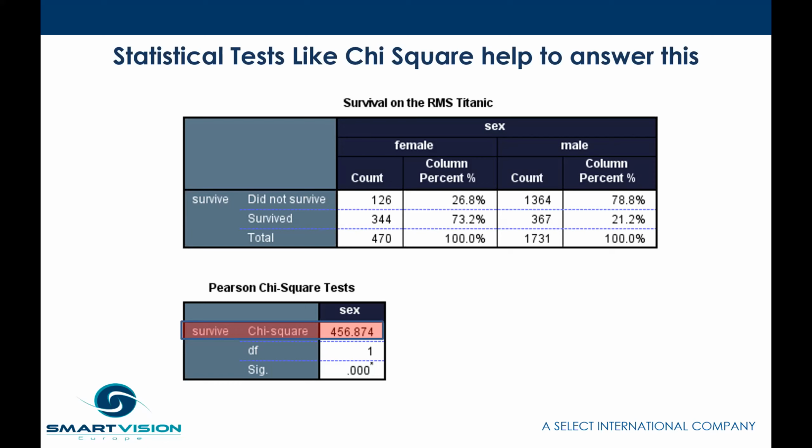And if we were running a statistical test to find out whether or not these two variables, survival and gender, were independent of one another, in other words, if we were testing the null hypothesis that this difference that we're observing is in fact weak enough that we would see it on a regular basis, that it's not really a significant effect, we would run a chi-square test. And the chi-square test returns a chi-square value to us, and that chi-square value combined with degrees of freedom, which refers to the number of cells in the crosstab and adjustment for the number of cells, gives us a significance value.